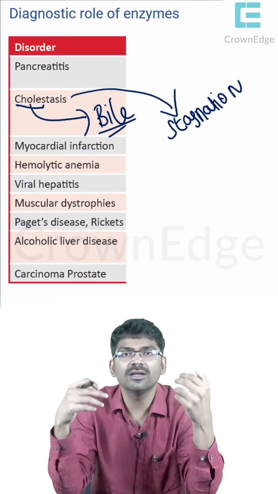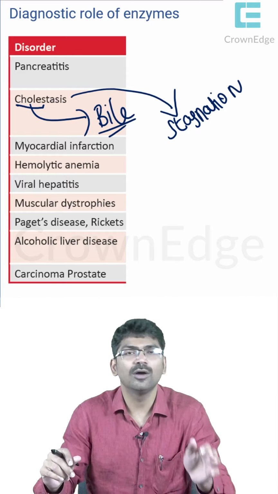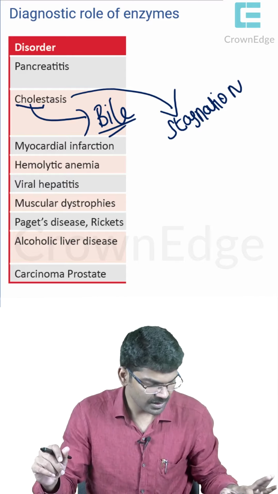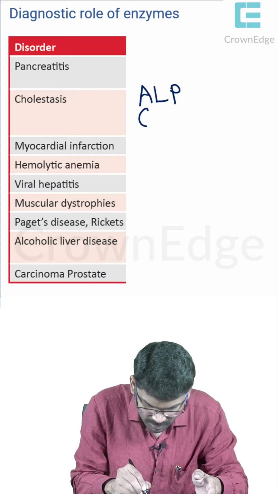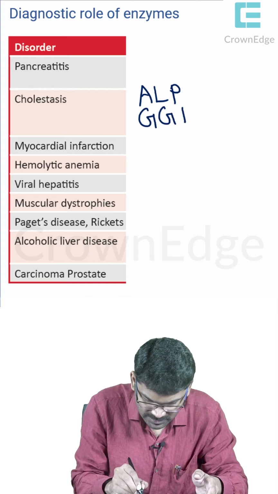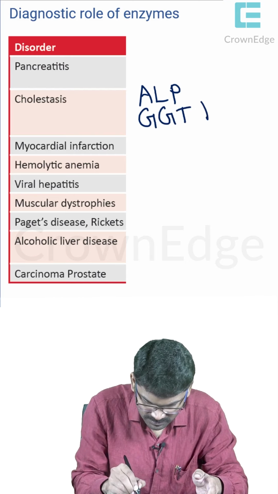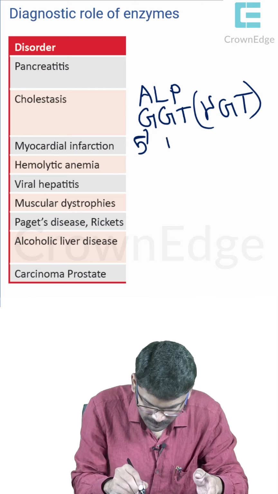In this condition, what are all the enzymes that are elevated? You have to remember 3 enzymes: alkaline phosphatase, that is ALP, gamma glutamyl transferase, and 5' nucleotidase.